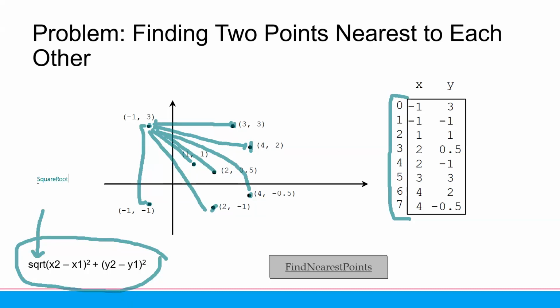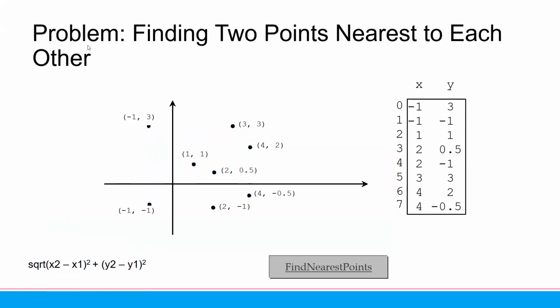We have the square root of x2 minus x1, and we put it as a square, plus y2 minus y1, and then we put it into the square. And then at the end, we do the square root of this summation. So using this formula, we can get one value, and that value is the distance.